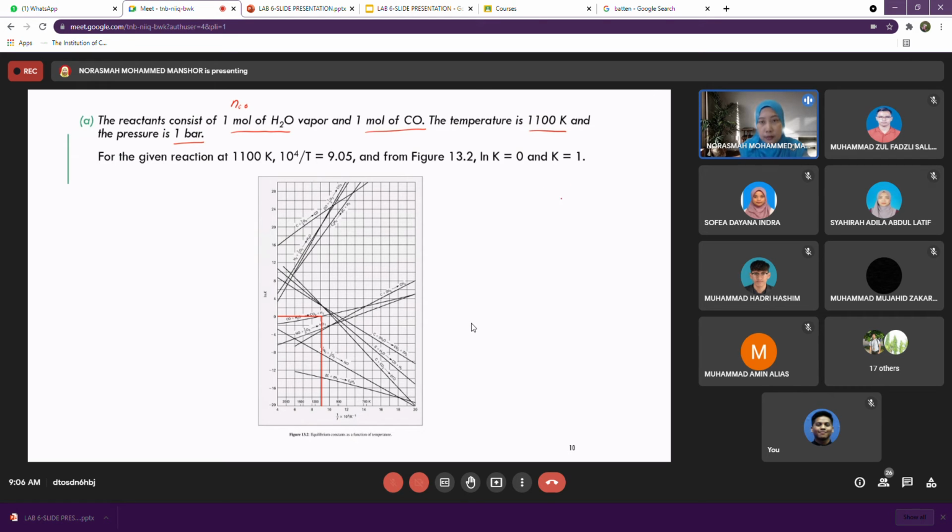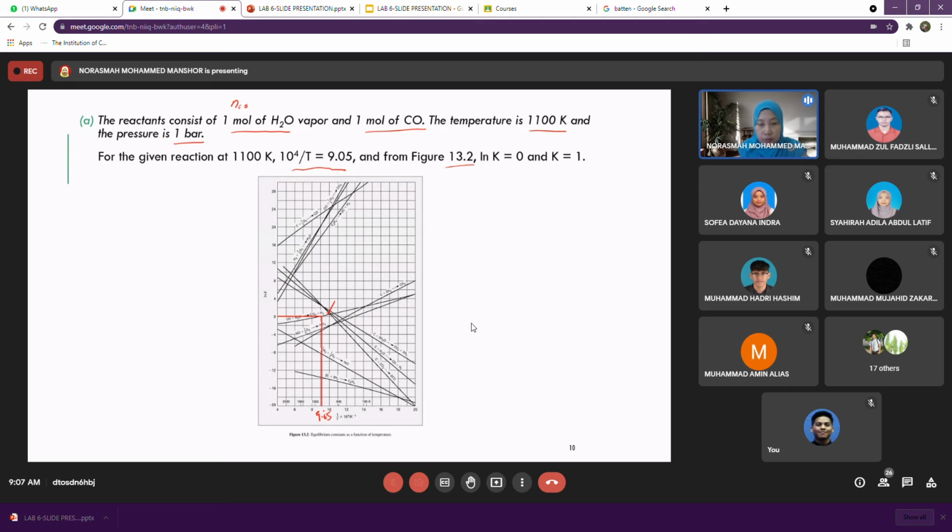Because this reaction is in figure 13.2, you calculate first 10 to the power of 4 divided by T. So you get 9.05. So from figure 13.2, you look here at 9.05, for the reaction CO plus H2O to form CO2 plus H2.